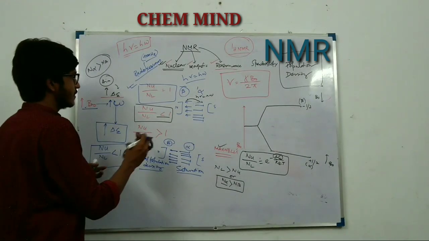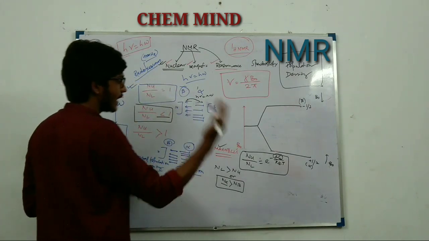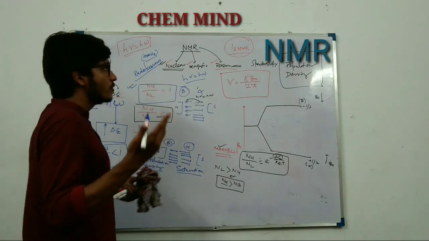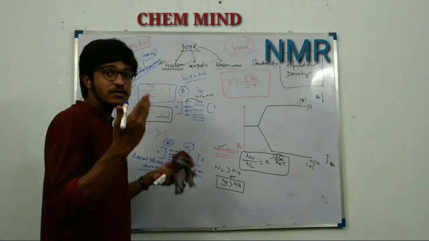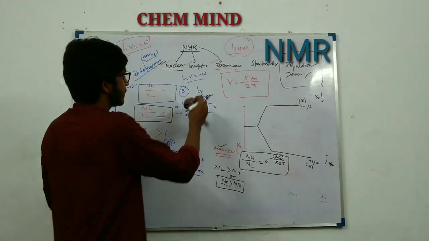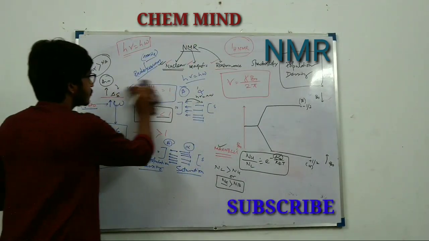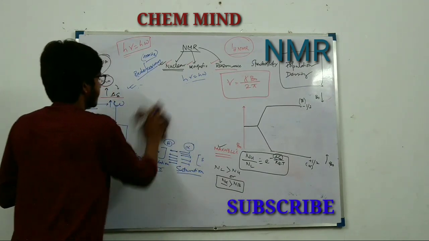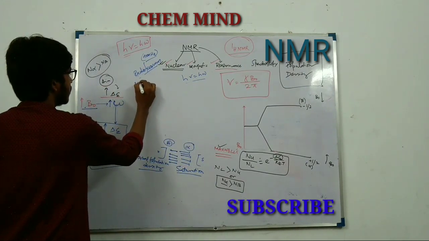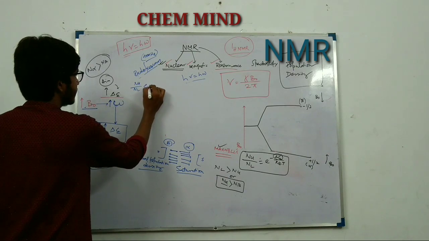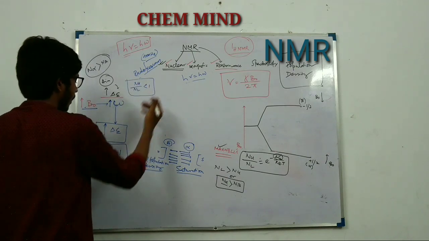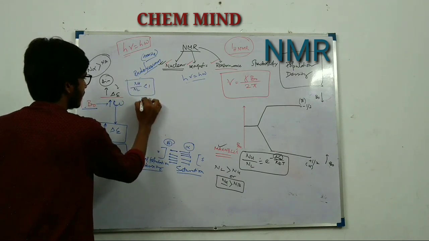So up to this point we have some idea about the population density of the NMR to get the continuous peak on that particular NMR spectra. To achieve Nu by Nl less than 1, what to do? Increase the B naught.